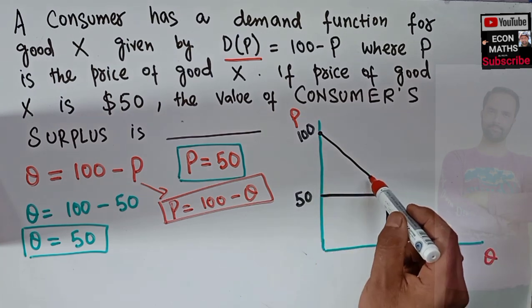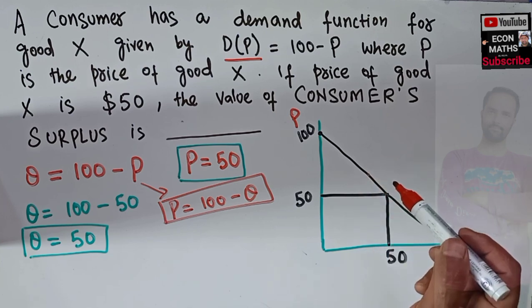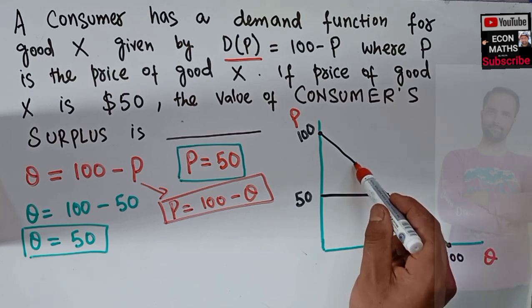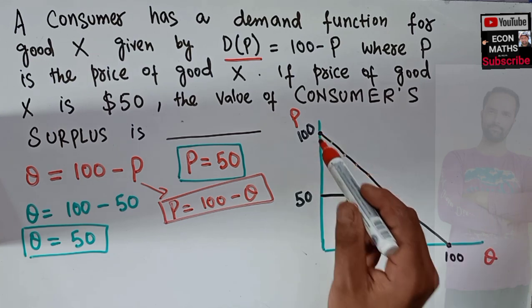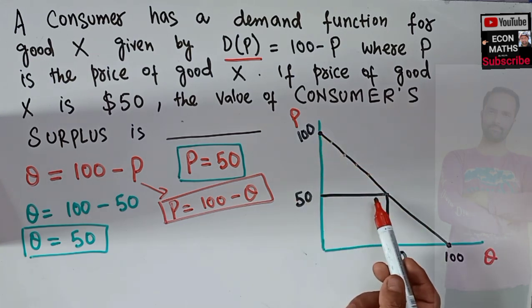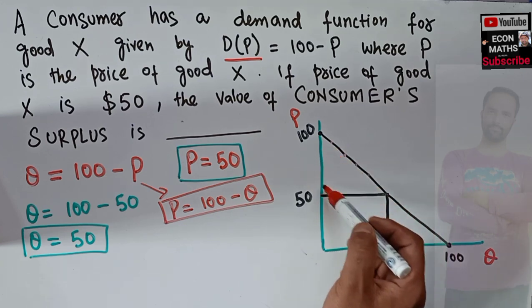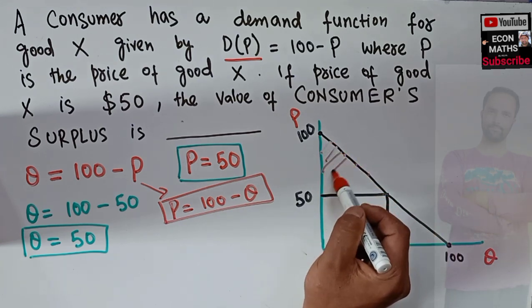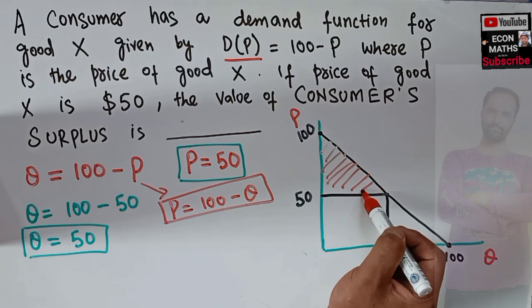Some consumers will be happy to pay a price of 60 or 70 or 80 or 90 or 100. Since the equilibrium price or market price is 50, the area of this triangle denotes the consumer surplus.